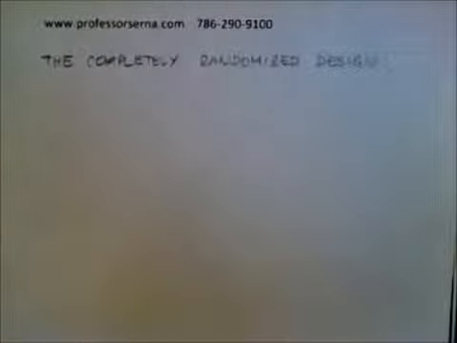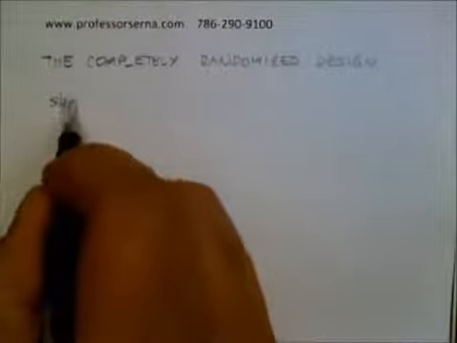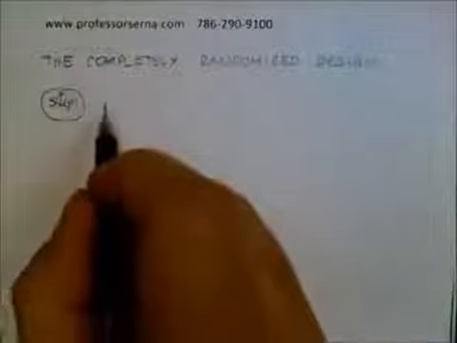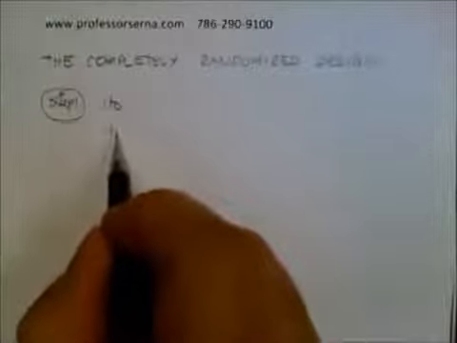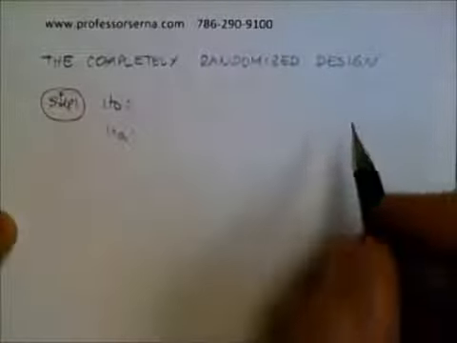So remember that ANOVA is just the hypothesis test to compare the means of more than two populations. So like any hypothesis test, we will have the same steps that we did for all the previous videos. In step number 1, we must specify what H0 and HA are, the null and the alternative hypothesis.